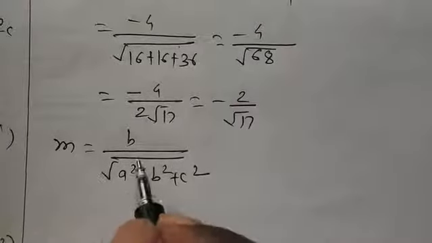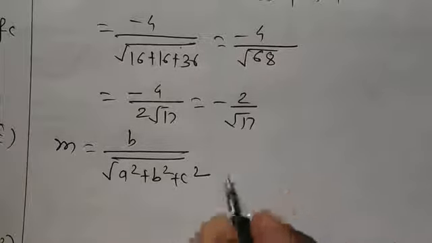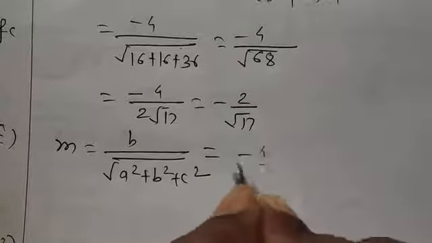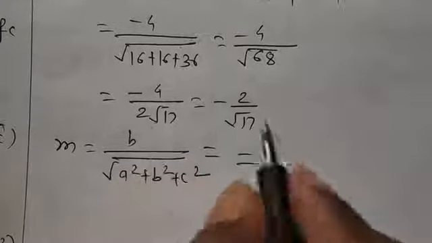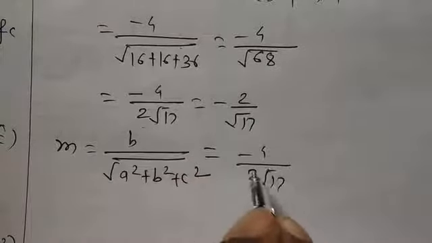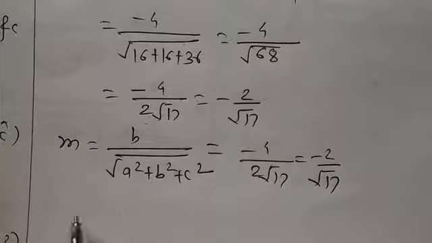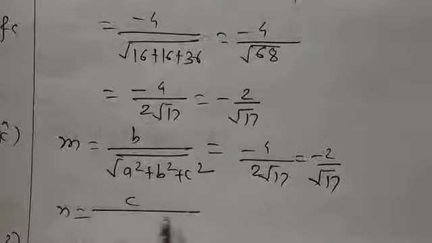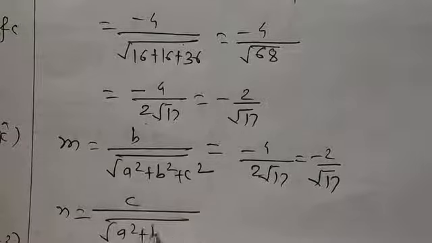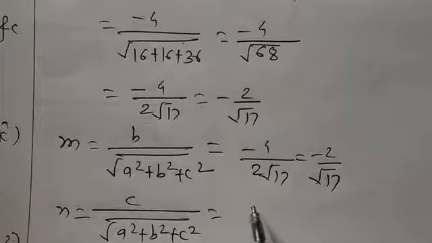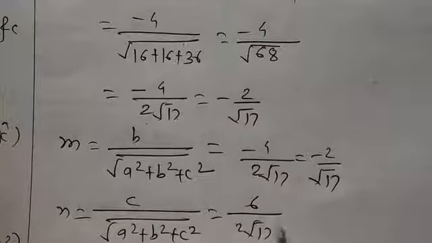Same, m is the value of b by under root of a square plus b square plus c square. b is again minus 4 by again the same, 2 root 17. Again the answer is minus 2 by root 17. Same as n is equal to c by under root of a square plus b square plus c square. Then the value is 6 by 2 root 17. The answer is 3 by root 17.